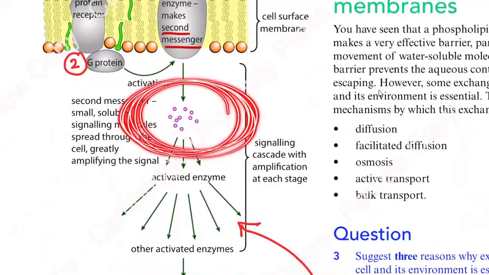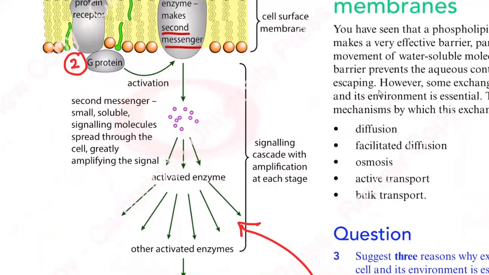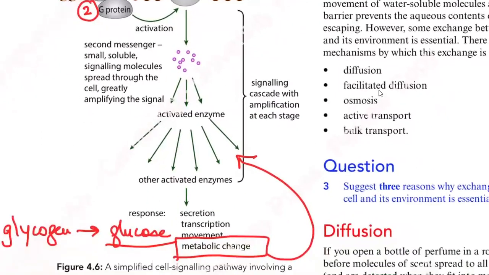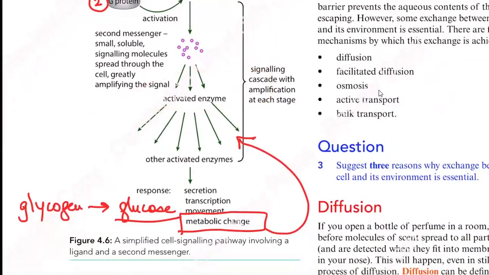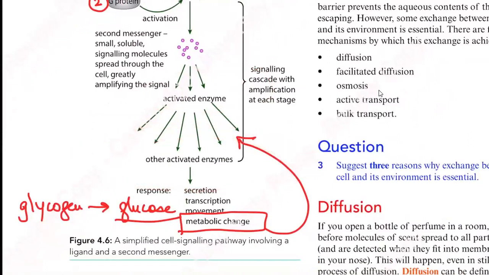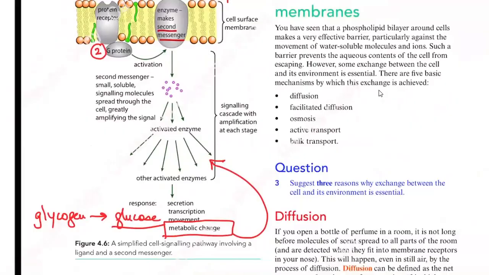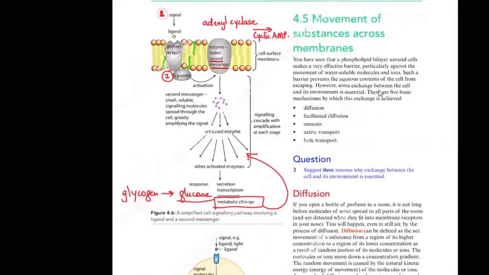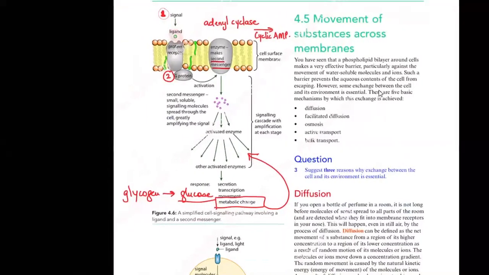What is the name of the second messenger? Cyclic AMP. Those many second messenger molecules activated many enzymes, and those many enzymes activated even more enzymes. So the cascade that started with one ligand is amplified at each stage, and hence this pathway is known as a signaling amplification cascade pathway. We call this amplification cascade.